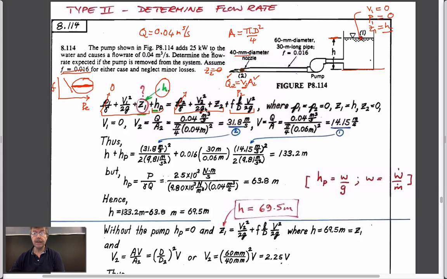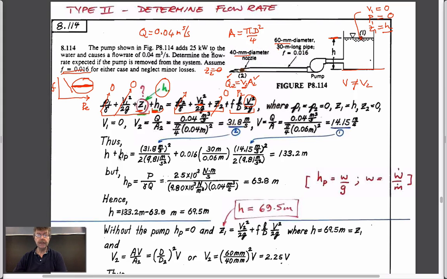We know elevation 2, if it's null, it's 0. We know this velocity is 0 for all of our assumptions. But we have an elevation, a pump head that we have to include, and a velocity in the fitting, V2, and a velocity in the pipe. The pipe is a different diameter, so V is not equal to V2. We have to be aware of that.